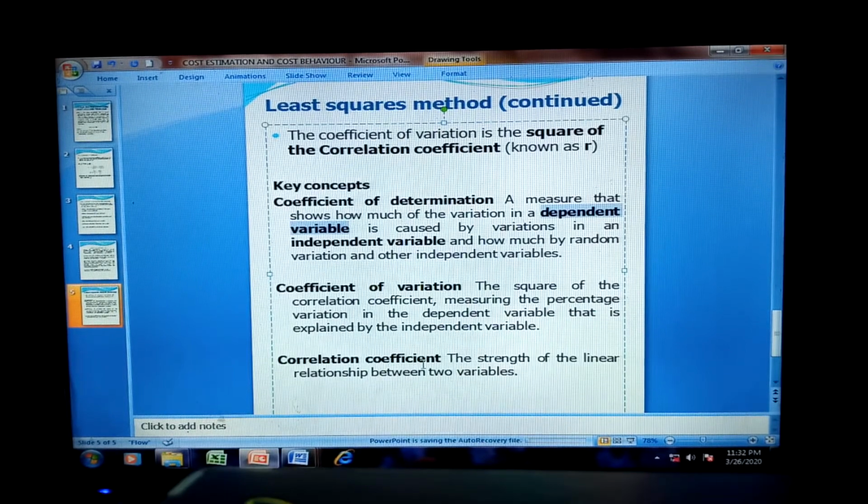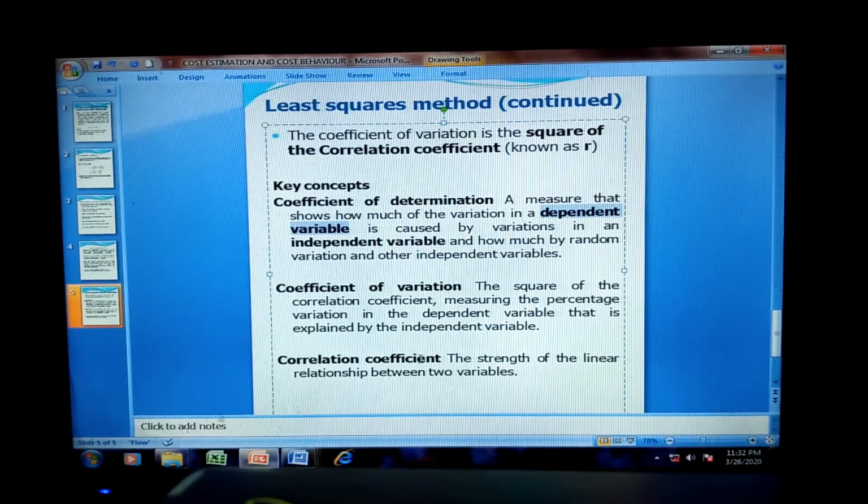So we have covered the engineering method already, the high-low method, the scatter graph approach. Now this is our least squares method. Then we also covered the inspection of the accounts method. So you have to master how to use all these techniques.